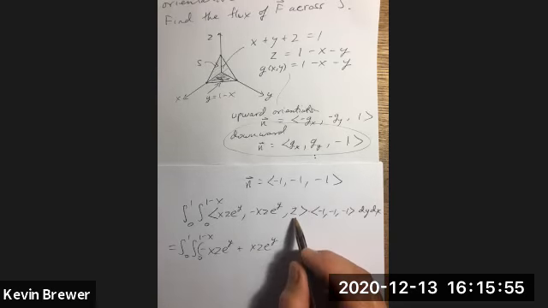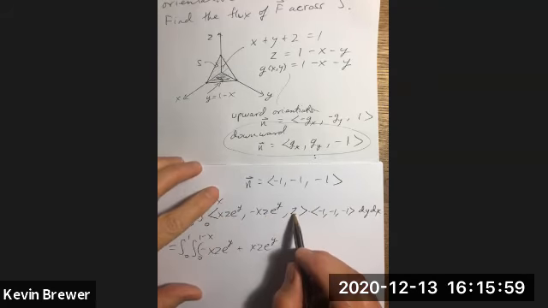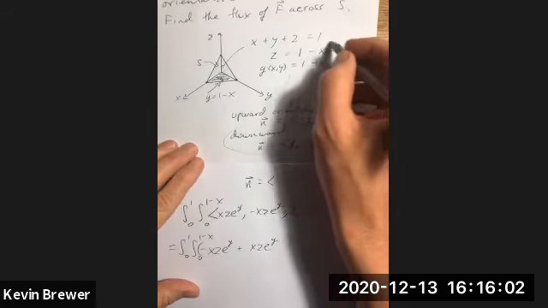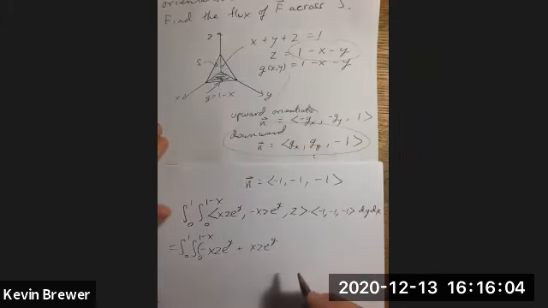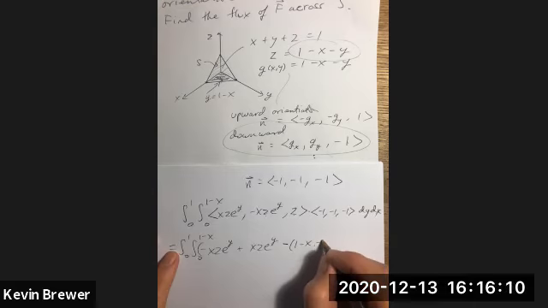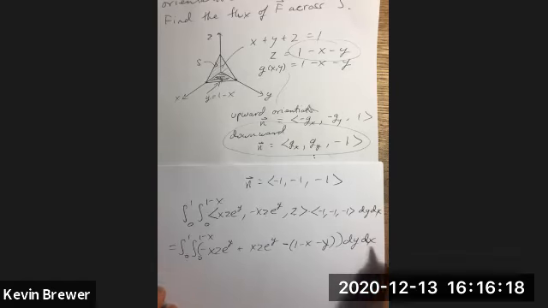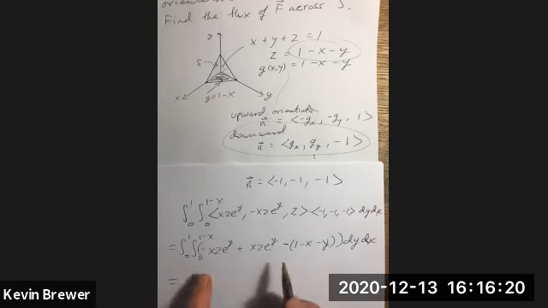Of course, we don't really want z here. It's okay that I had it here, they canceled out, but z is 1 minus y minus x. So this is minus 1 minus y, or 1 minus x minus y, dy dx. So these cancel out.